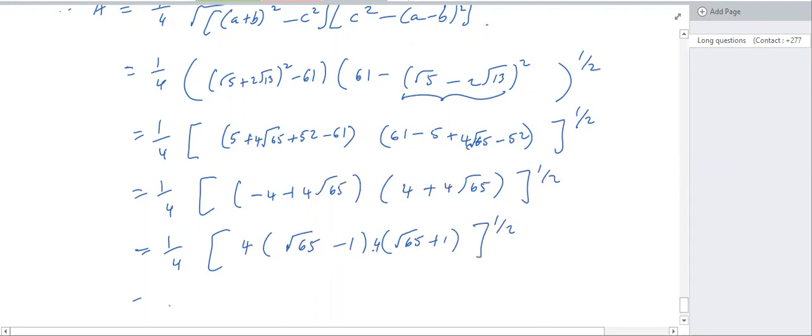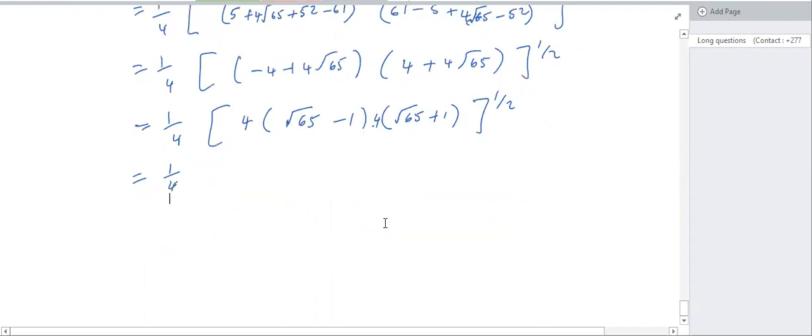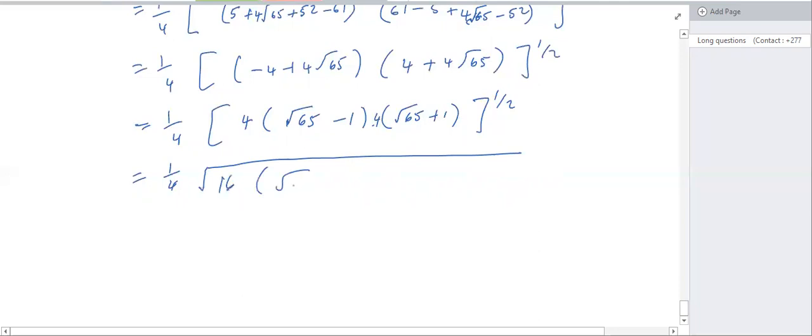Now we can write it as quarter into square root of 4 times 4 is 16, into square root of 65 minus 1 times 65 plus 1, which is 65 minus 1, which is 64.